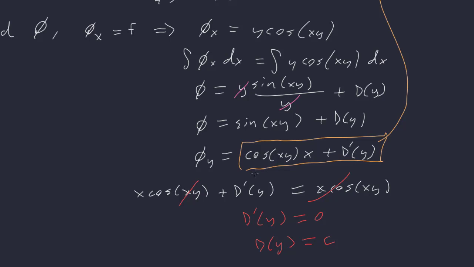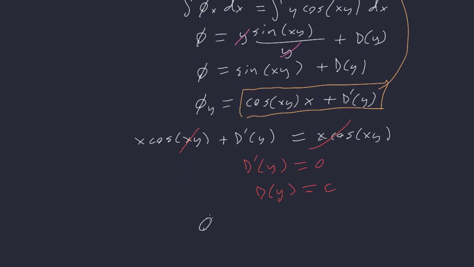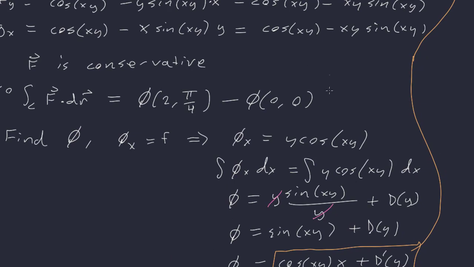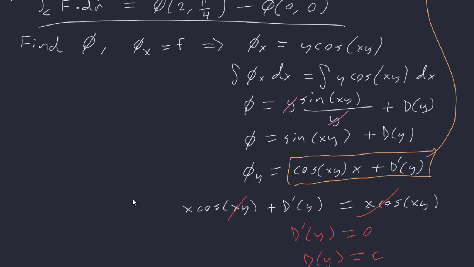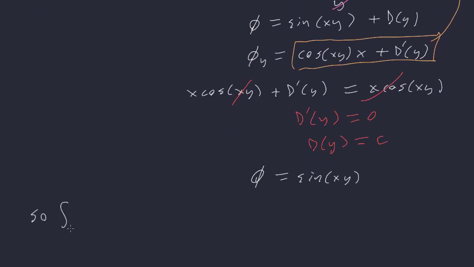so d of y is simply just a constant, right? Now, thankfully, our phi, which is sine of xy, we don't need to put a plus c in here for the same reason that we don't do it with the normal fundamental theorem of calculus. Okay? So the integral of F dot dr is going to be phi of 2, pi over 4 minus phi of 0, 0.